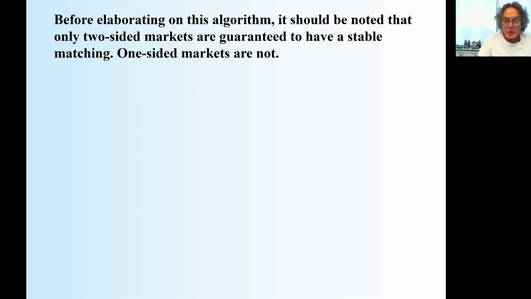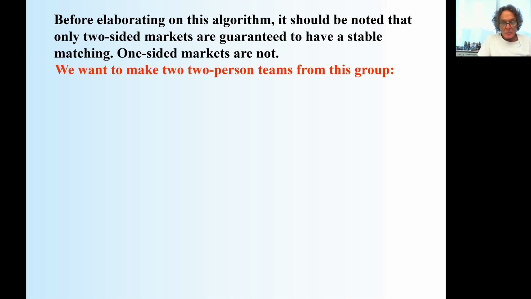Before elaborating on this algorithm, it should be noted that only two-sided markets are guaranteed to have a stable matching. One-sided markets are not. Sometimes they have one, sometimes they don't. So we want to make two-person teams from this group.